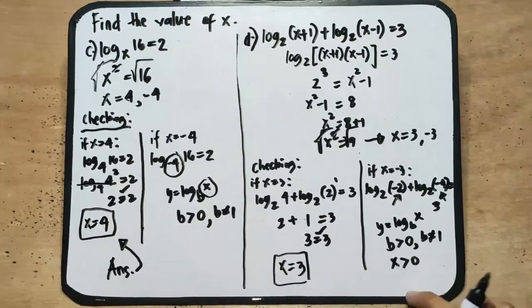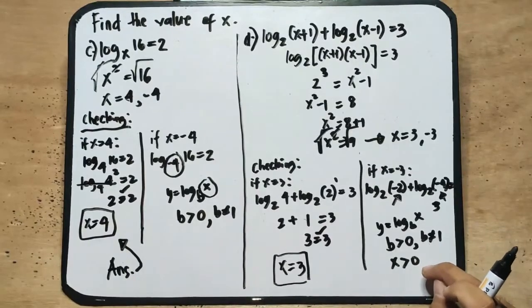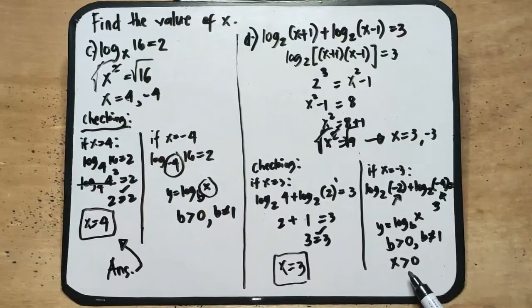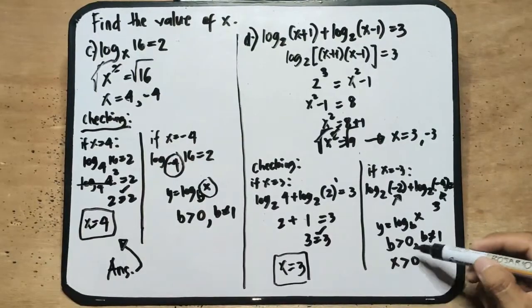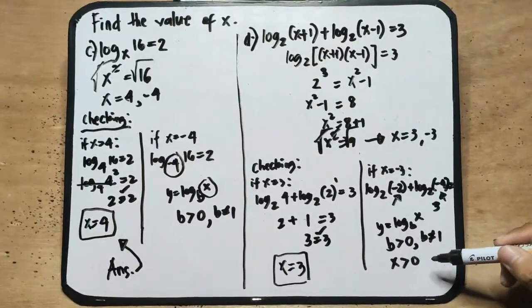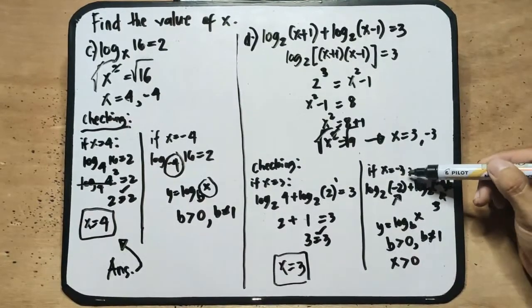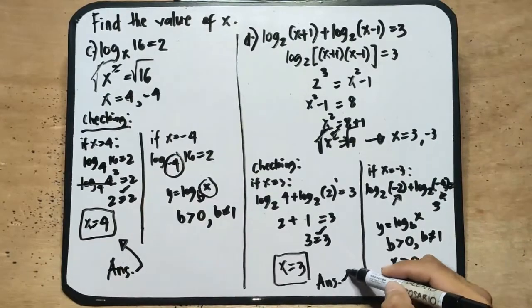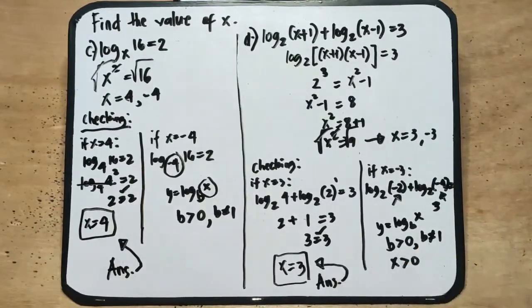Hindi siya pwedeng mag-negative, hindi siya pwedeng mag-0. Since nag-negative siya dito, ibig sabihin, hindi na-satisfy yung condition na presented sa definition ng ating logarithmic function. Therefore, invalid na value si negative 3. Ang sagot natin dyan is si positive 3.